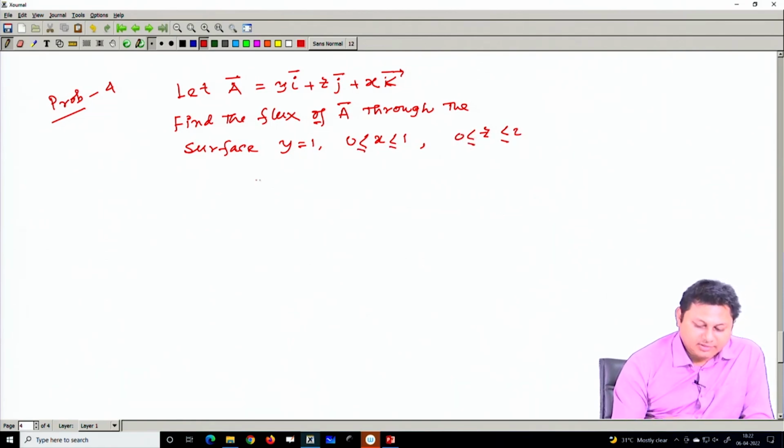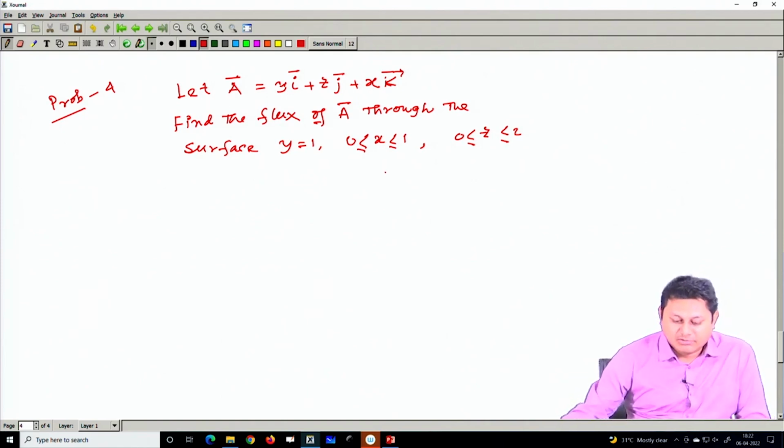So, this is the surface for which we need to calculate the flux.